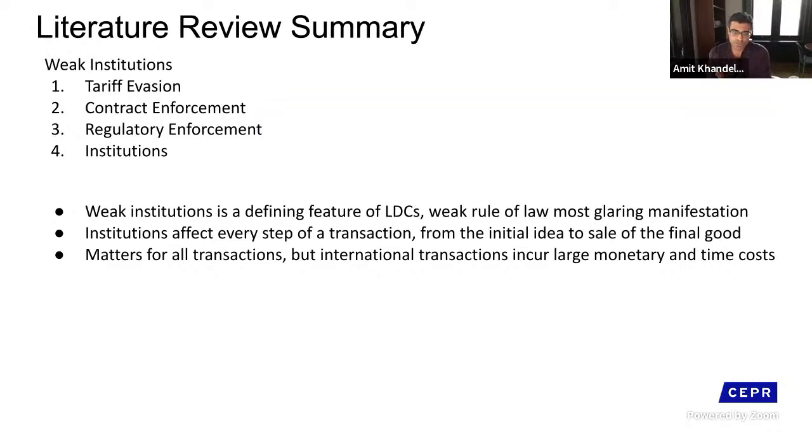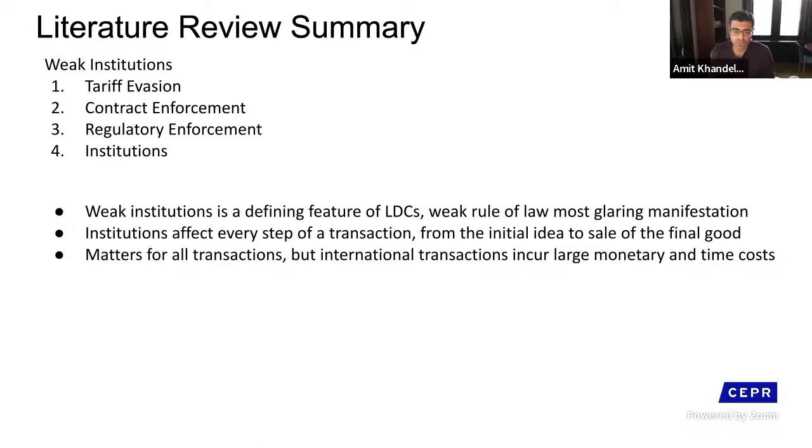Weak institutions is, of course, a defining feature of least developed countries, with the weak rule of law being the most glaring manifestation of weak institutions. We think that institutions affect every step of a transaction, from the initial idea that an entrepreneur has to the very final sale of that good. And of course, institutions are going to matter for any kind of transaction, either international or domestic.